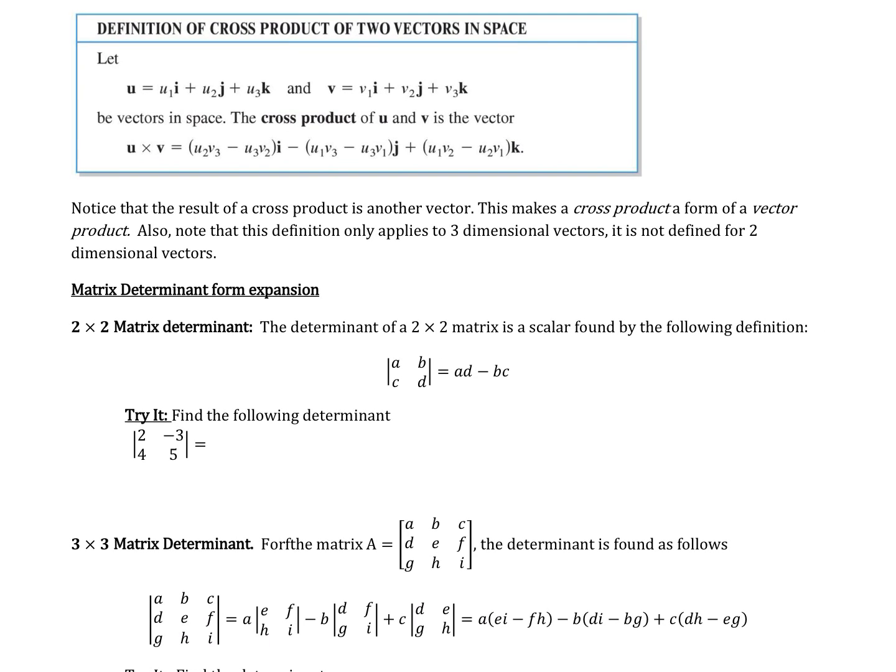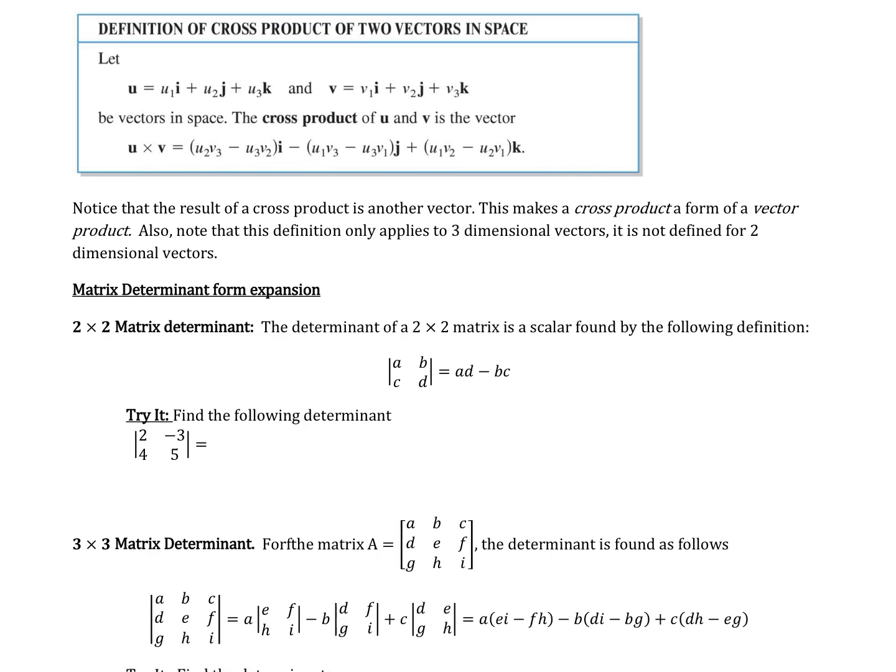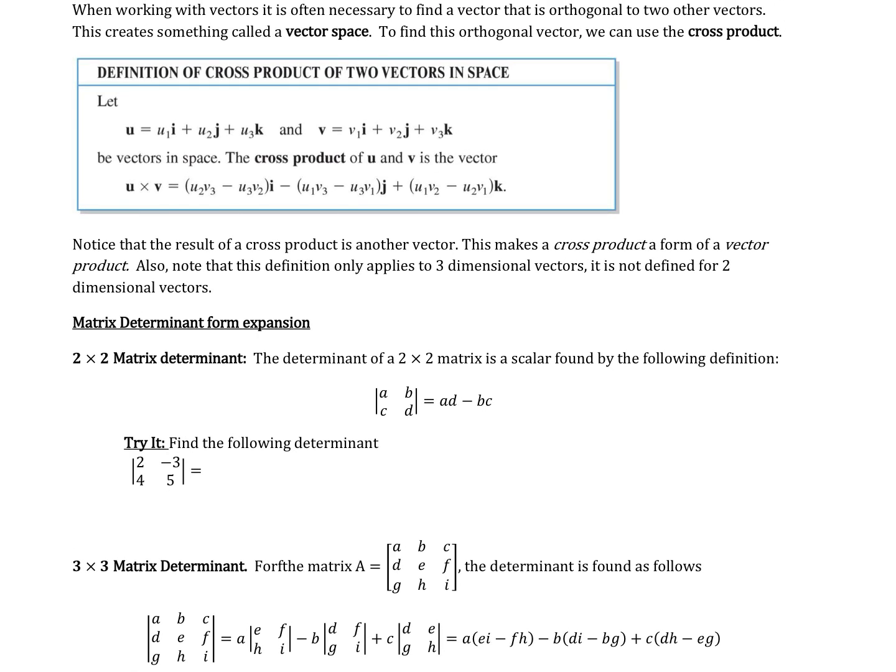One thing we need to look into is something called a determinant. So when we have a matrix, a matrix is an array of columns and rows. And so a matrix is just something like 2, 3, 4, 5, 6, 7. So there is a matrix.